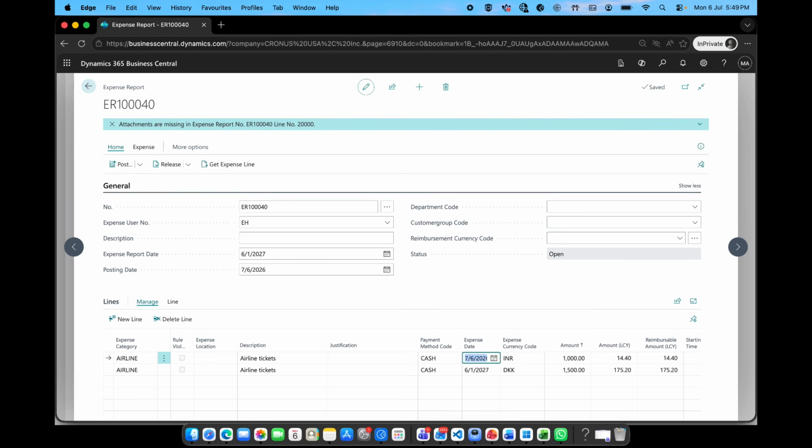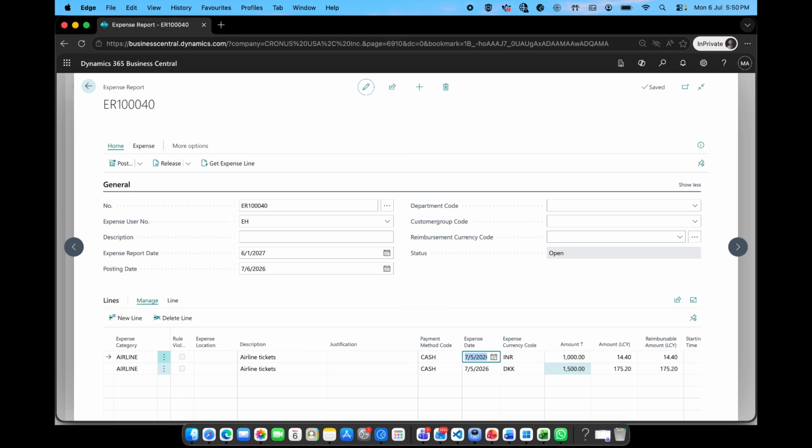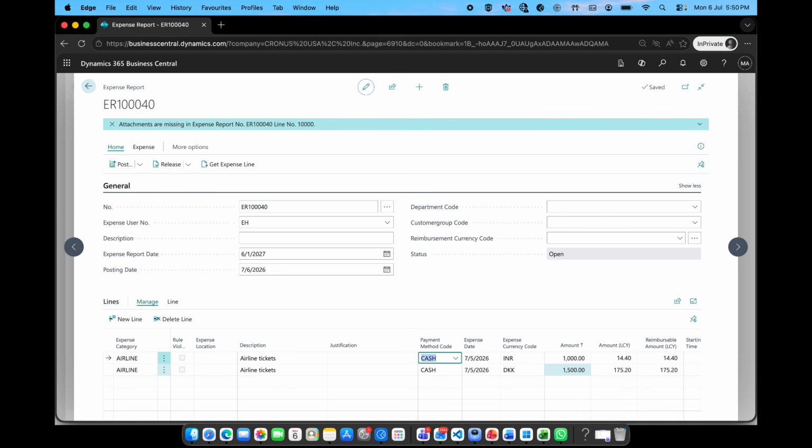So what I'm trying to do is make an expense before the date of my expense. Okay, so I'm filing my expense on today's date, and I did some expense in the month of May. So let's see what happens.